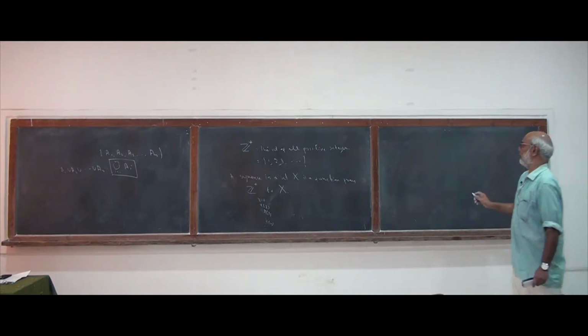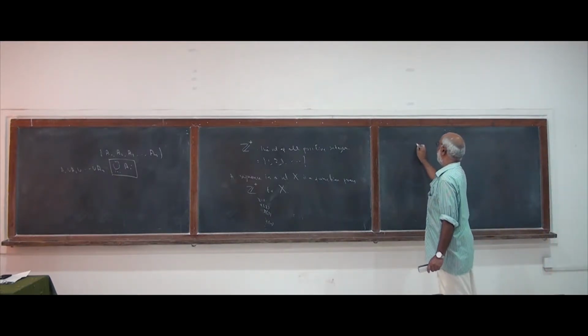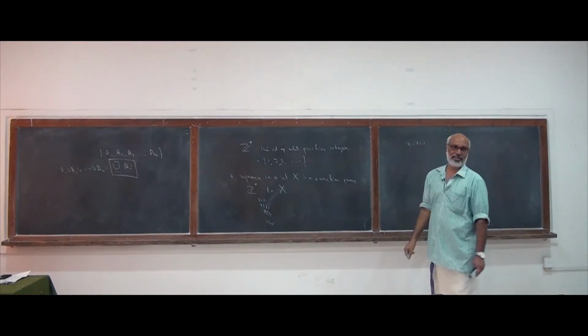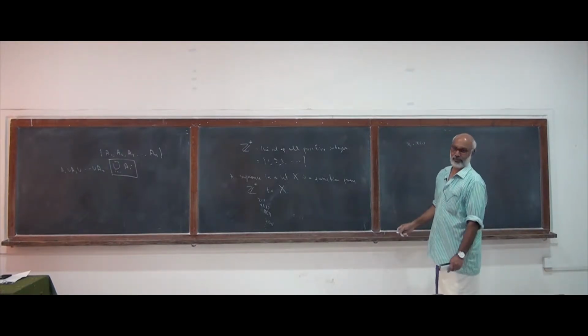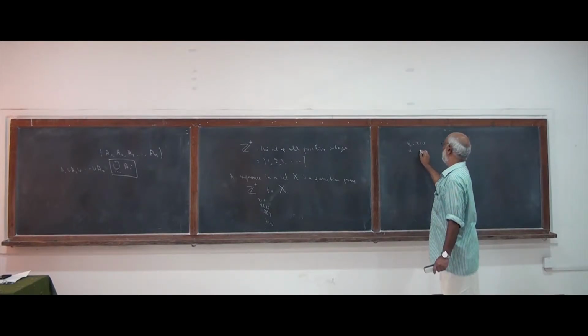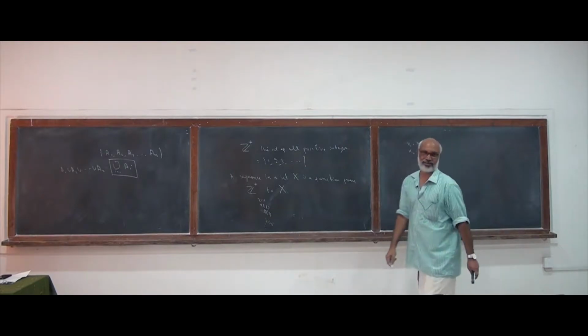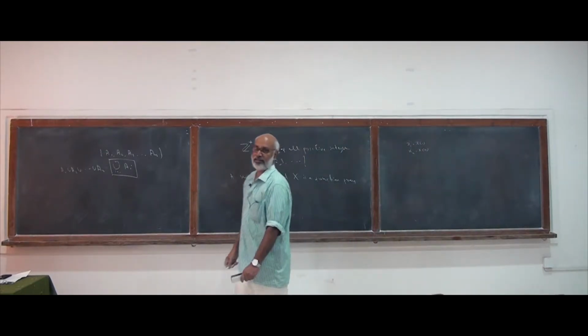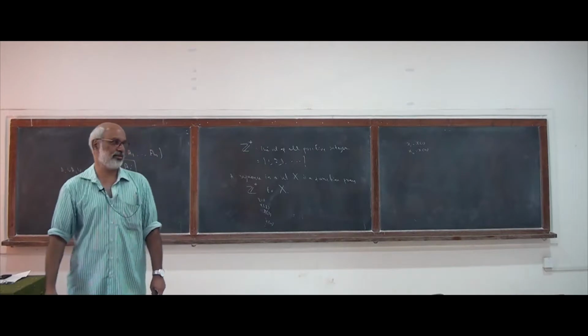Some people, instead of writing X of 1, write X sub 1, subscript 1. If X of n is denoted by X subscript n, that is the nth term of the sequence.